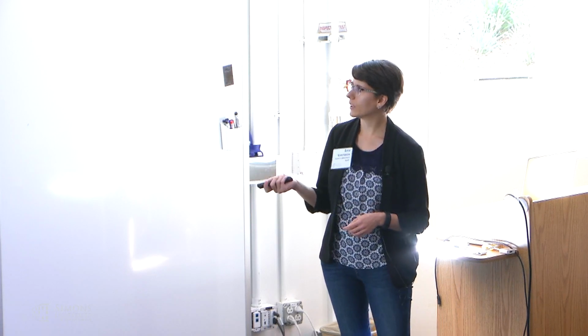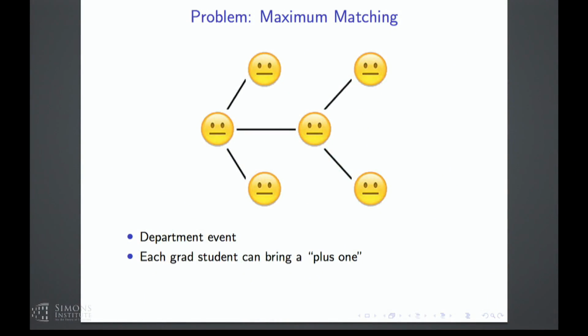OK, so the particular graph problem that I'll be talking about today is maximum matching. And let's go back to our example of a social network. Imagine that your computer science department is organizing an event, and each grad student is allowed to bring a +1. But since they're grad students, they don't have friends outside of the department.